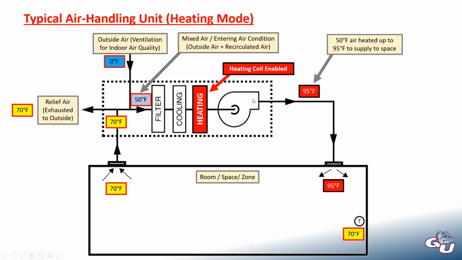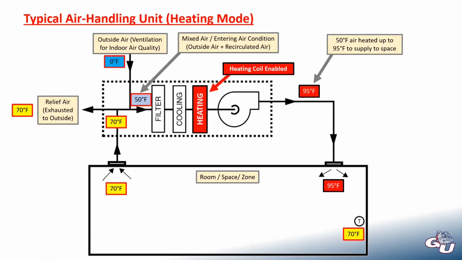So this unit is just running all the time. It's always supplying air in, pulling air out. It might change how much heat it's putting into the airstream, depending on, well, maybe it's 0 degrees first thing in the morning, but maybe a couple hours later it's 15 degrees, and maybe we can cut back on our heating. And that's the basics of a heating system.